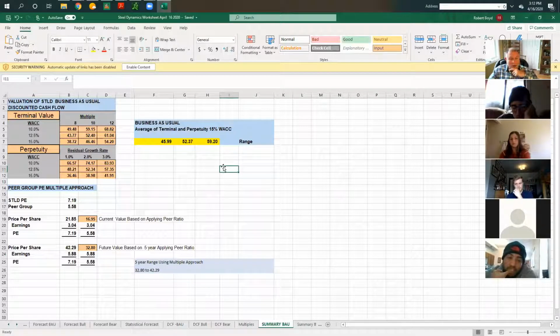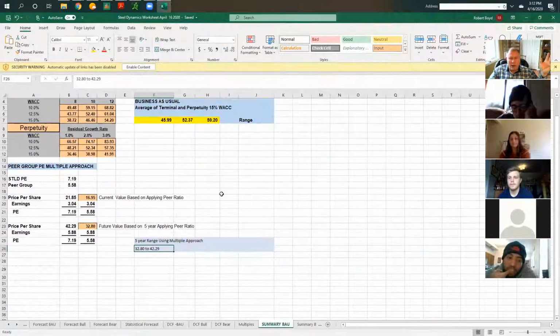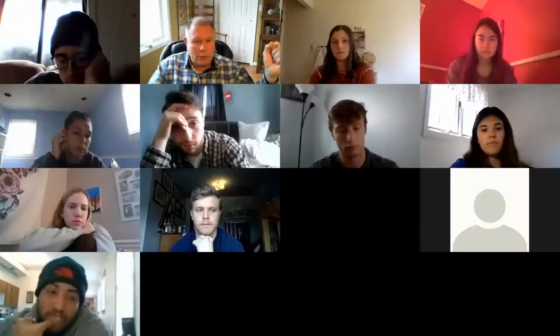If I do the peer group, I would say the value is between 32.8 and 42 versus 45 to 59. They're all variables. So that's where we're coming down. We now have all of the data we need to move forward.